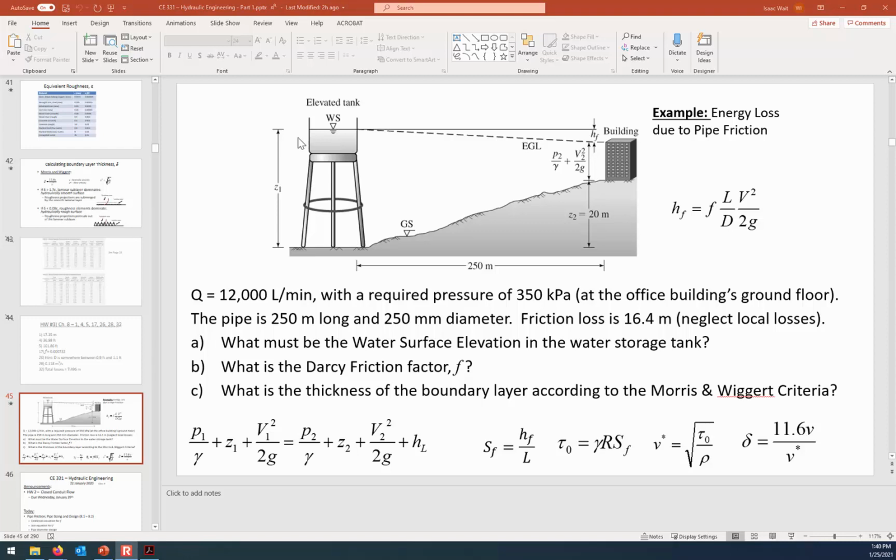Okay, so we've already taken a look at the elevation of the tank and the friction factor F. Let's go through the boundary layer thickness calculations. The first thing that we need to do is calculate the slope of the energy grade line. The slope of the energy grade line is going to be the friction loss divided by the length of the pipe.